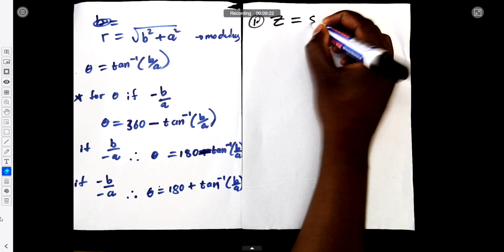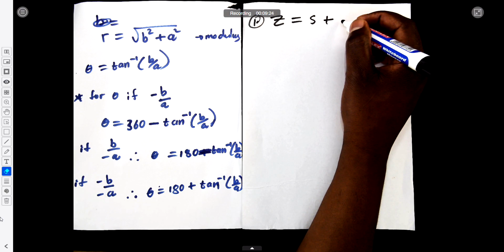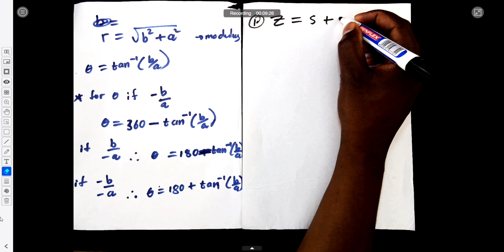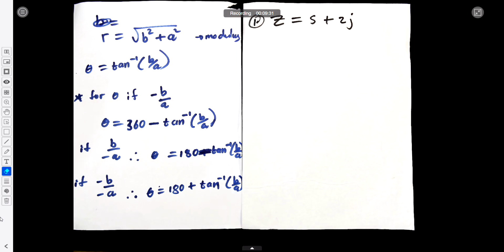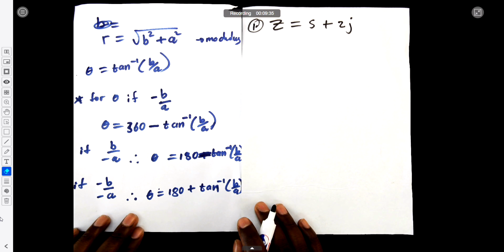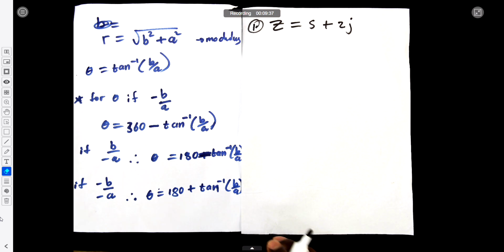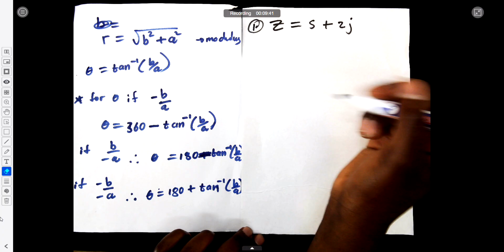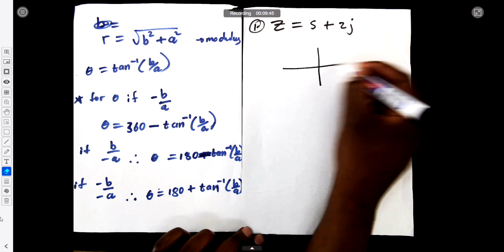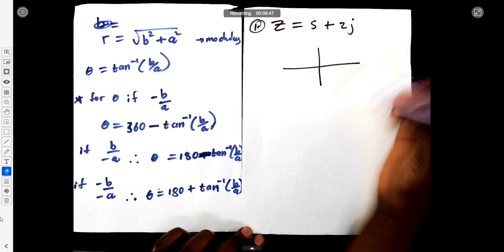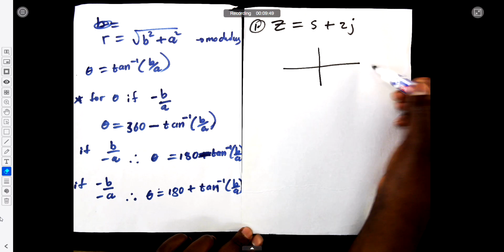Then we have 5 plus 2j. If we want to plot it on an Argand diagram, we go and plot it. Let's say 1 unit, 2 units, 3 units.